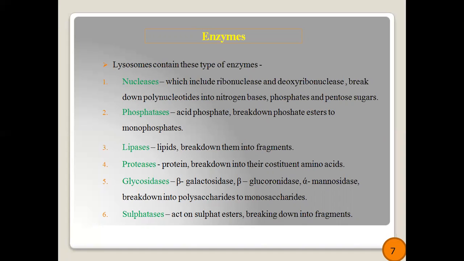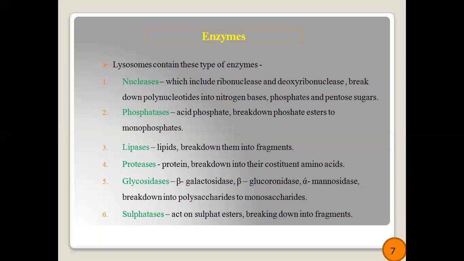Acid phosphatase breaks down phosphate esters to the monophosphate. Then the lipases, which degrade lipids, breaking them down into fragments. Then the protease enzymes, which break down proteins into their constituent amino acids.